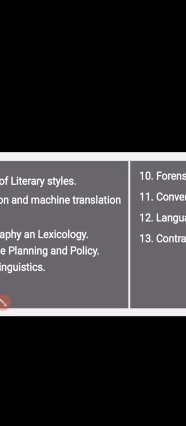Then we have forensic linguistics, and this stands for the linguistics which is concerned with the crimes and the criminals and issues that are concerned with laws within this field.